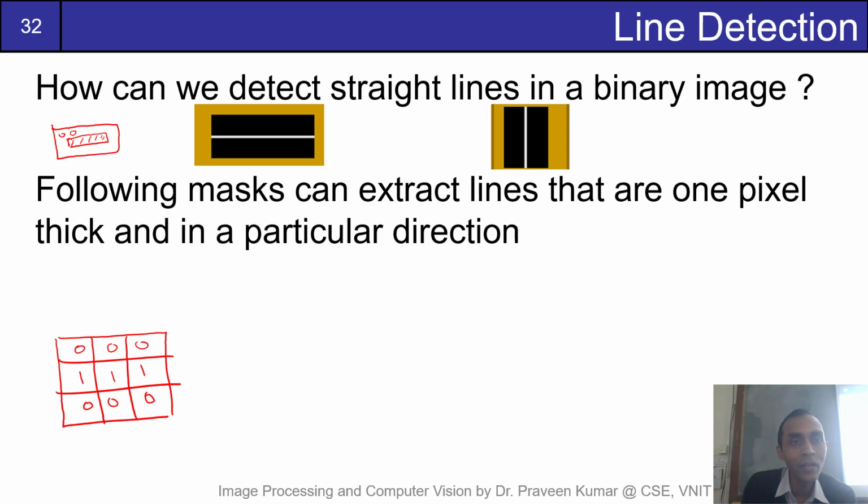Let us say on this boundary pixel of 1, the first row will be 0 0 0. When this is aligned to the boundary pixel, you will have 1 1 1, which is 3, and this is 0, so the result will be 3. If you move slightly down, to the next line, what will be the value here? Again 3. If you go further down, again 3.